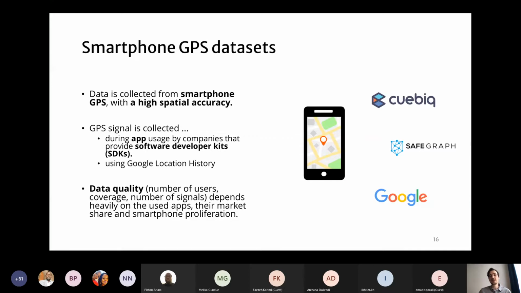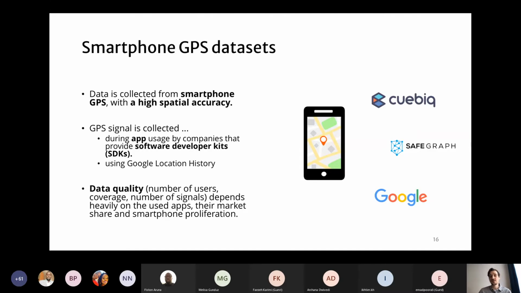And in general, the data quality also depends heavily on what is the exact source. So for example, the number of users that you have or the number of signals that they produce depends heavily on which app actually does the measurement, and also on the market share of this app, and also on the general proliferation of smartphones in an area.